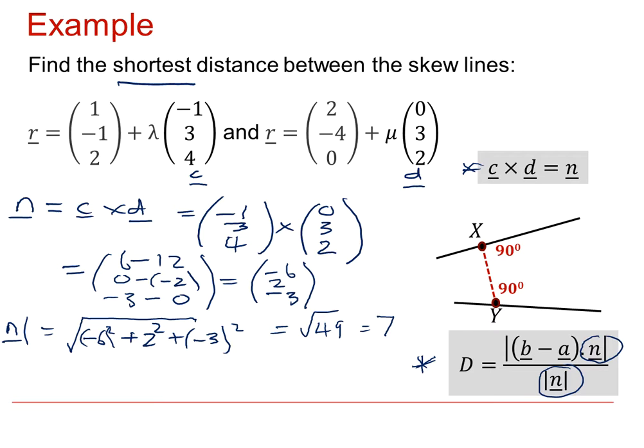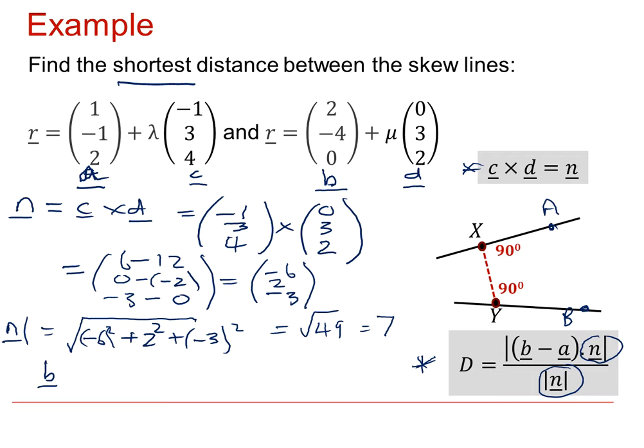We now need b minus a. Remembering that a lies on L1, any point, and b lies on L2, any point. So let's choose this position vector here to be the point A, and therefore that is position vector a, and we'll choose that vector to be position vector b.